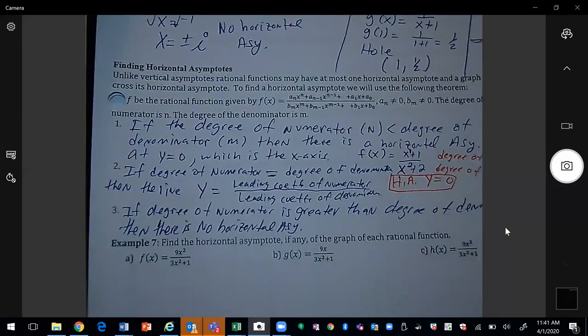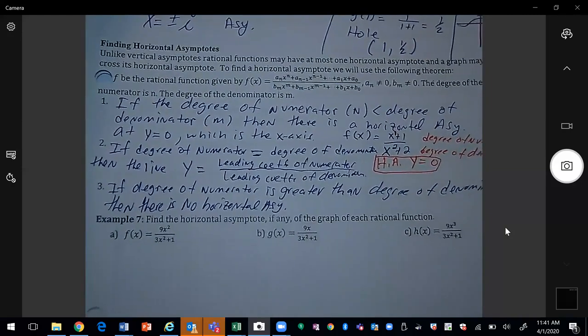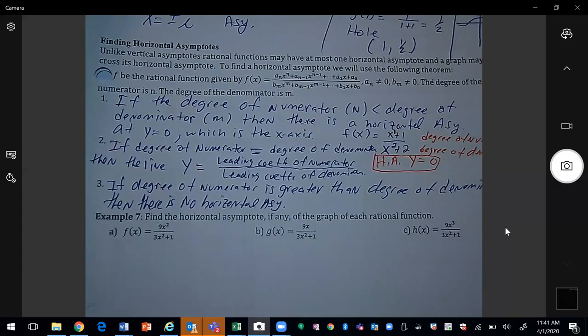Okay. So if the degree of the numerator is greater than the degree of the denominator, then there's no horizontal asymptote.